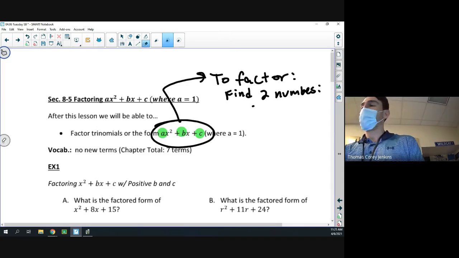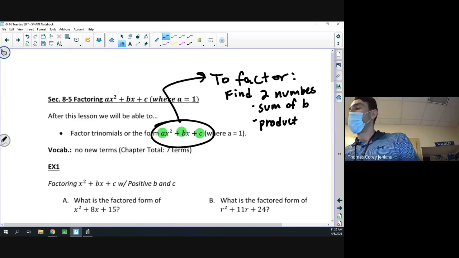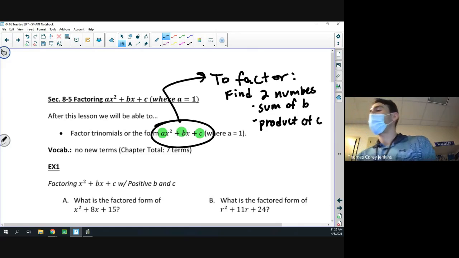Two numbers that have a sum of b, and also have a product of c. Okay, so that's why we've been doing that work.